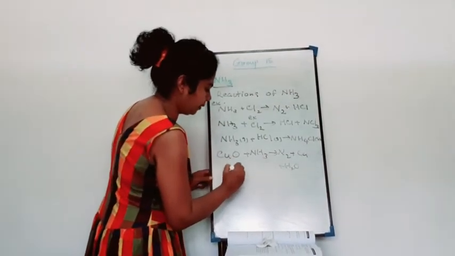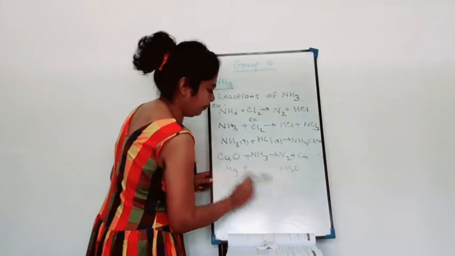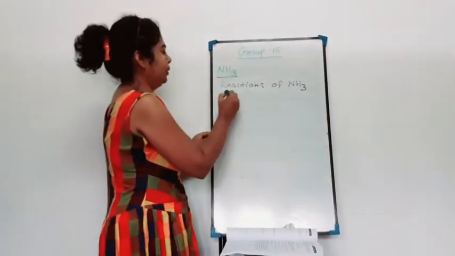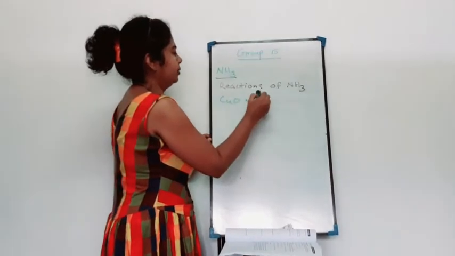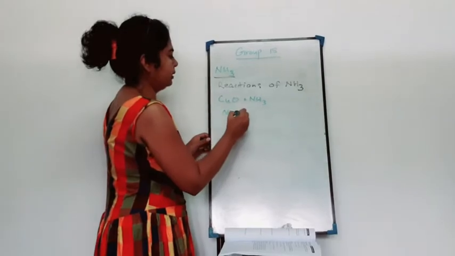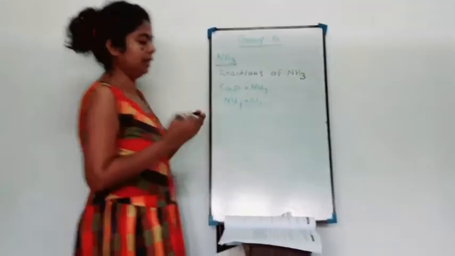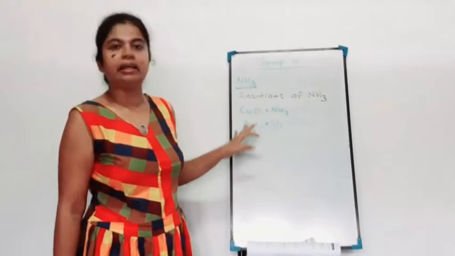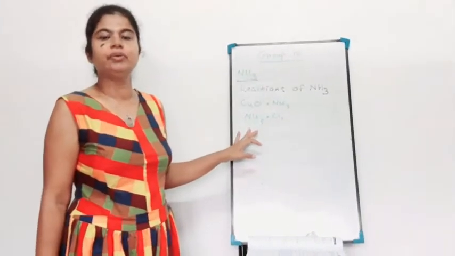magnesium with ammonia. Okay, right. Then the copper oxide and ammonia reaction, and the ammonia and chlorine reaction. In both of these cases, ammonia is acting as a weak reducing agent.